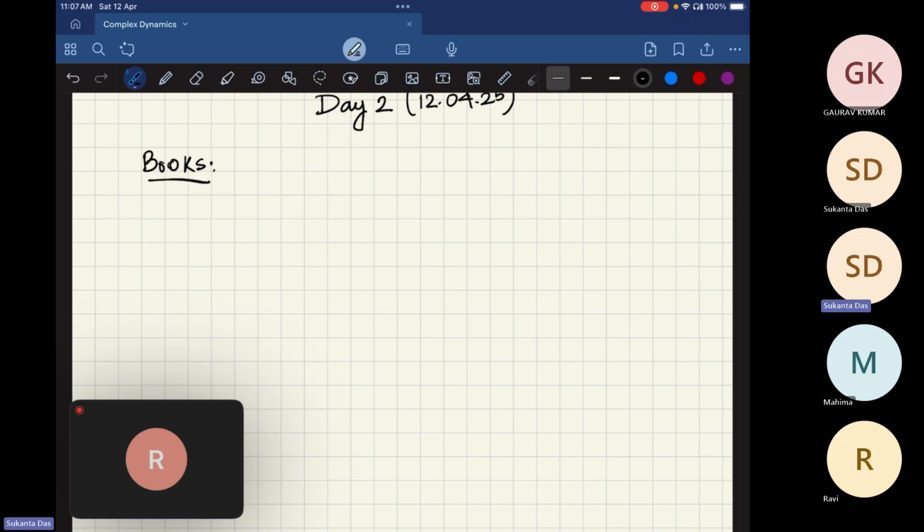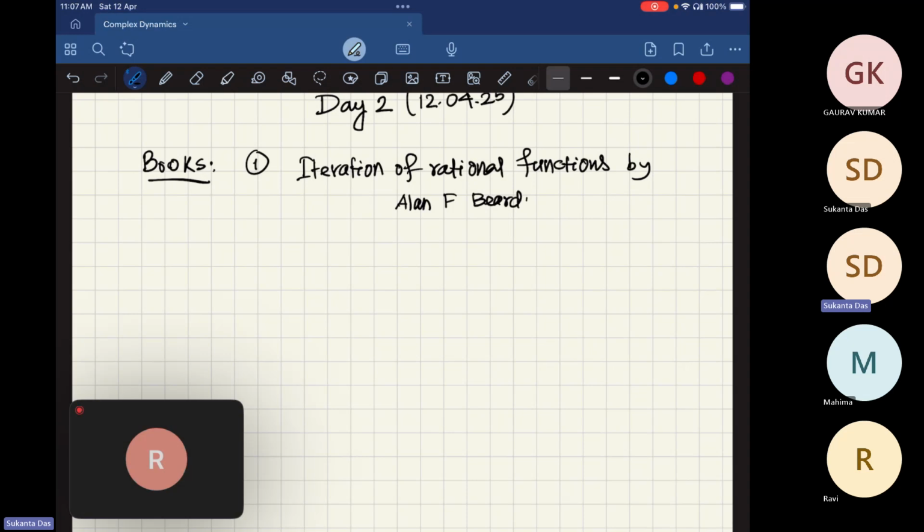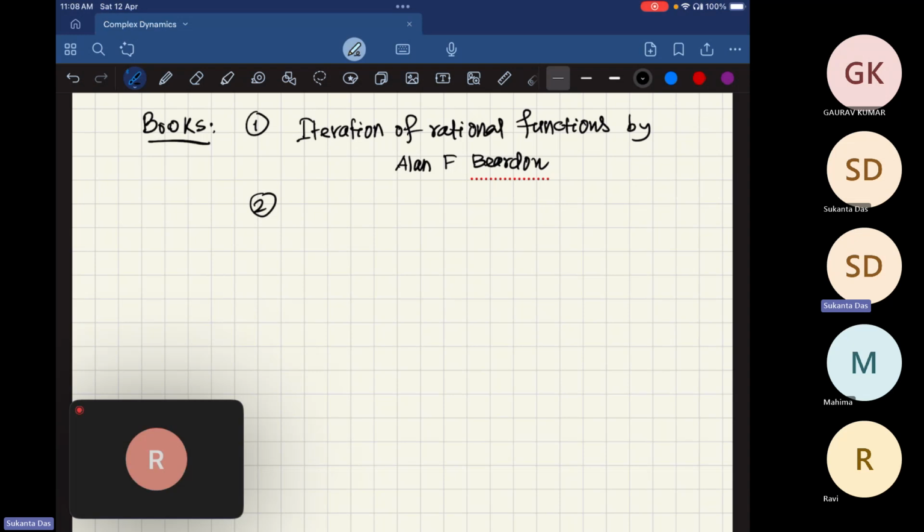The first one is Iteration of Rational Functions by Alan F. Beardon, and the second one is Dynamics in One Complex Variable by John Milnor.